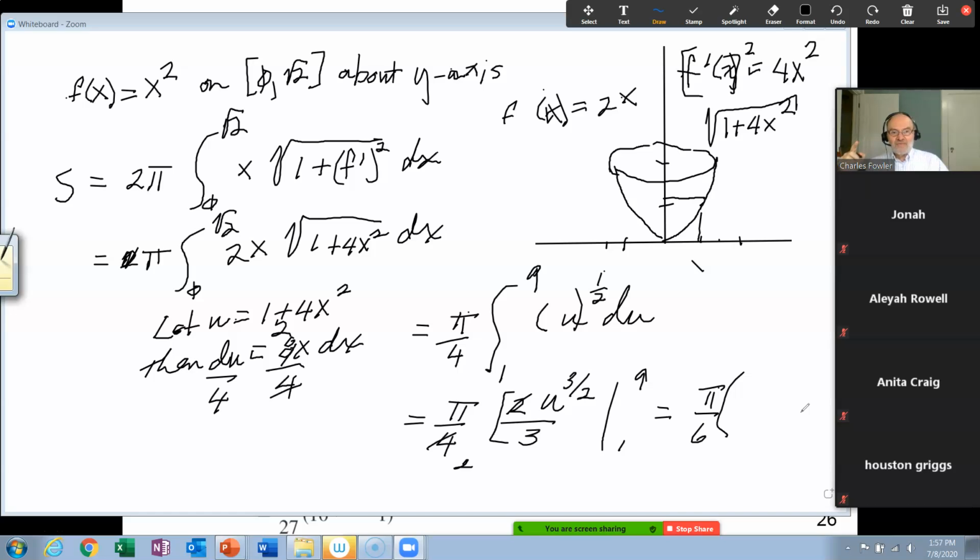And then we'll do the evaluation here. Square root of 9 is 3. 3 cubed is 27. So that gave us a 27, minus square root of 1 is 1, and 1 cubed is 1, so it's 26.